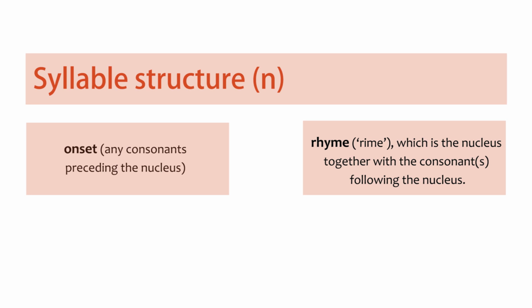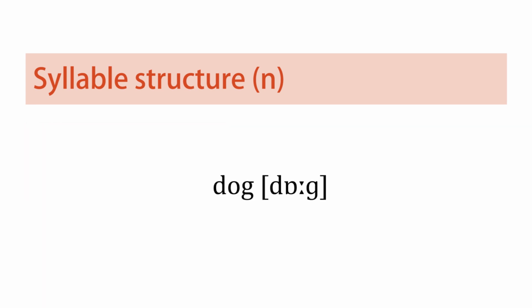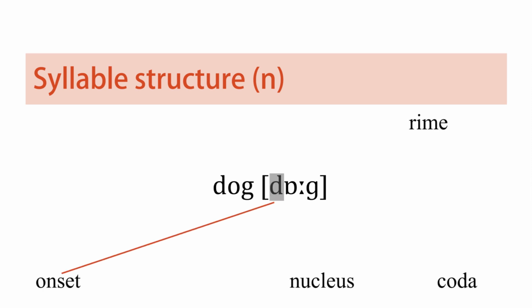This consonant or these consonants are referred to as the coda. So for example, in the word dog, this is the onset, this is the nucleus, this is the coda, and this is the rhyme.